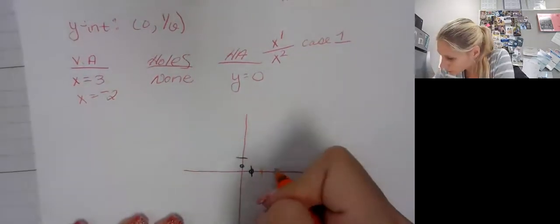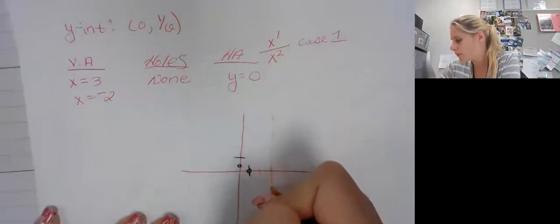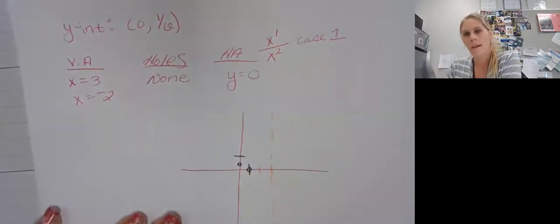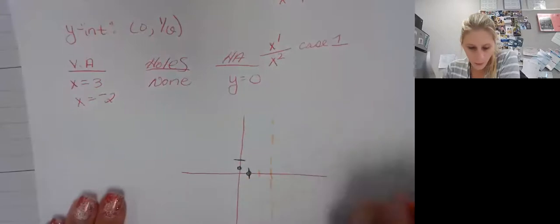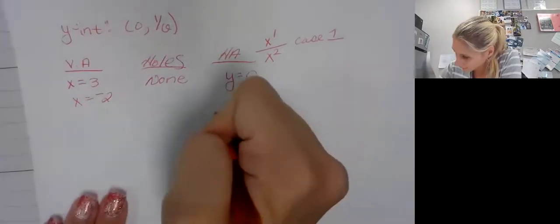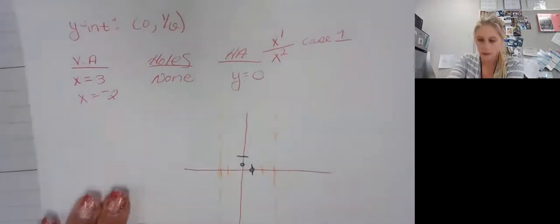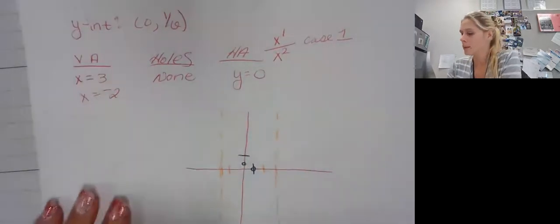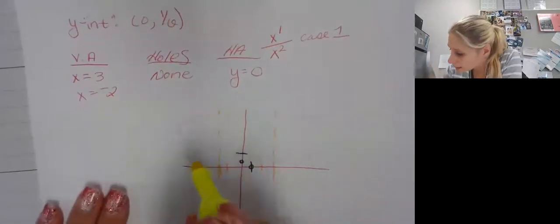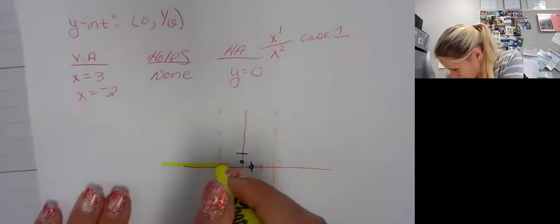So 1, 2, 3. Vertical asymptotes we usually mark off as a dotted line. And at -2. And our horizontal asymptote is at y equals 0. Now I'm going to highlight this because there's another trick to it, which I'll explain when we graph next class.